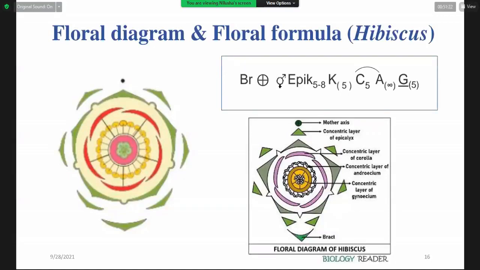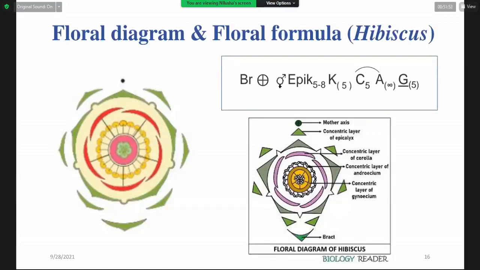There are five petals, and I already told you that the petals are in twisted estivation. That means one petal is overlapped into another. You can see this clearly in the diagram. One petal overlaps the next petal, so we call it twisted estivation.